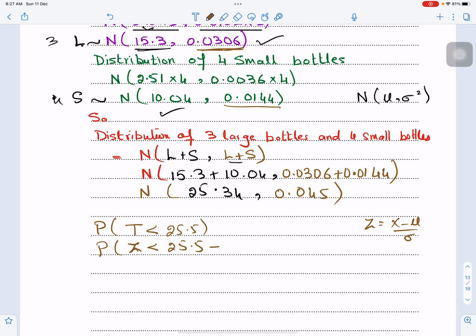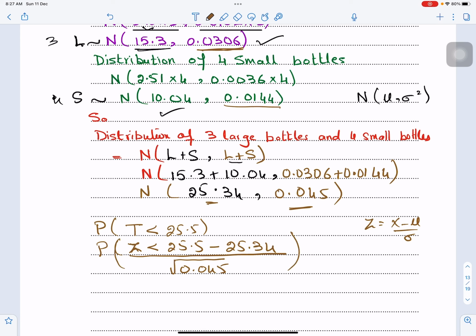So it will be 25.5 minus this thing, 25.34, which is my mean for this distribution, over the standard deviation, because this is your variance, right? So it will be 0.045, because you write here the standard deviation.